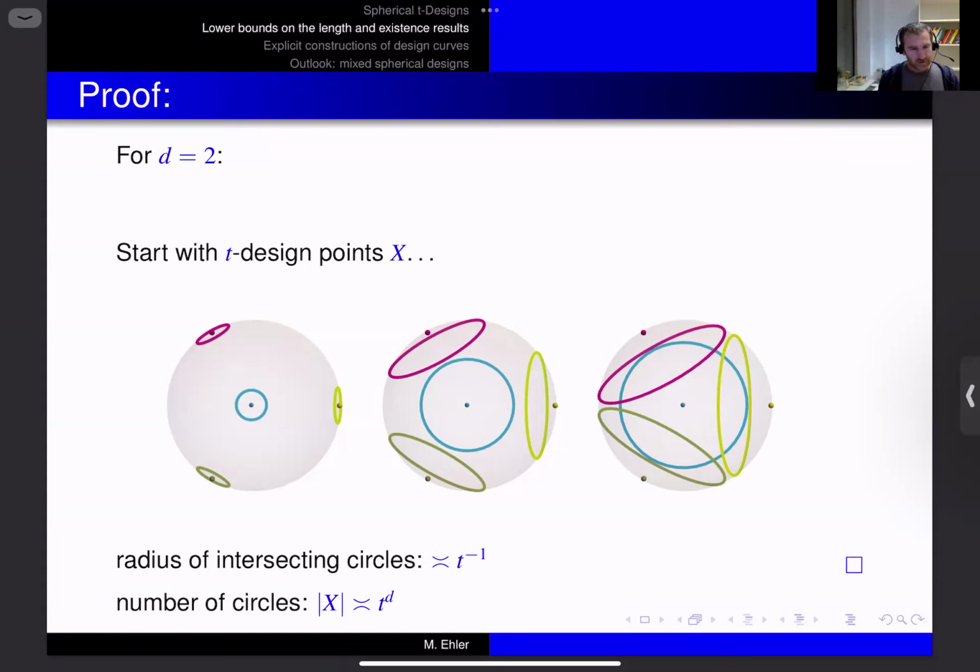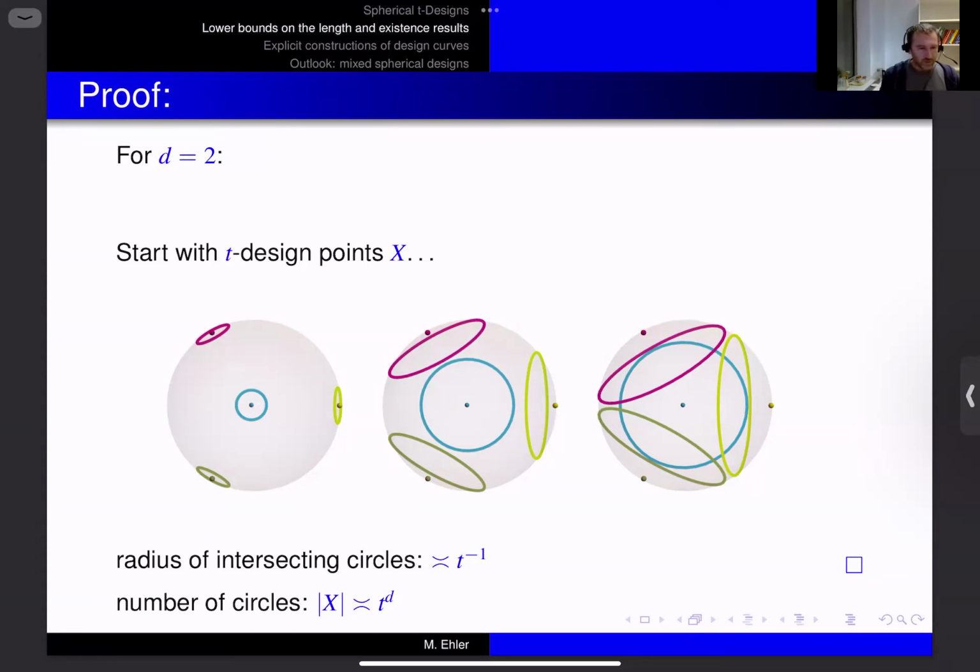And now the length of this curve is very much related to how many of these circles do I have and what's the radius of these circles. And it turns out, if you choose the right t-design points x, the radius of intersecting circles, so when you really can make sure these circles do intersect, this radius behaves like t to the minus 1, 1 over t.